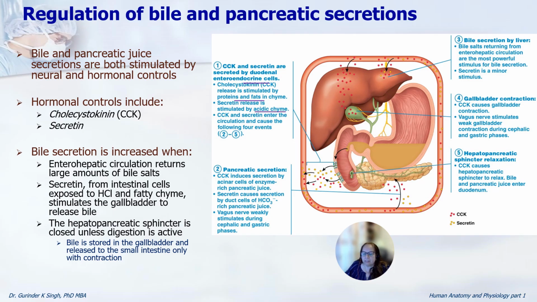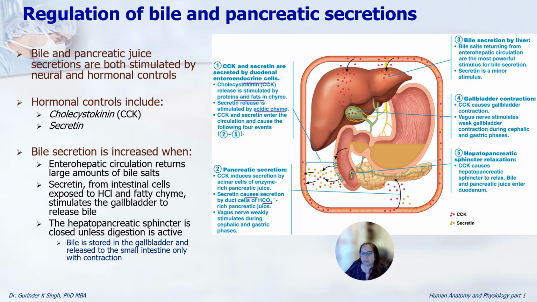Once they are secreted, they enter the blood circulation. CCK is going to act on the pancreas, so the pancreas will start secreting its juice. The secretin causes the secretion of bicarbonate ions in the pancreatic juice.